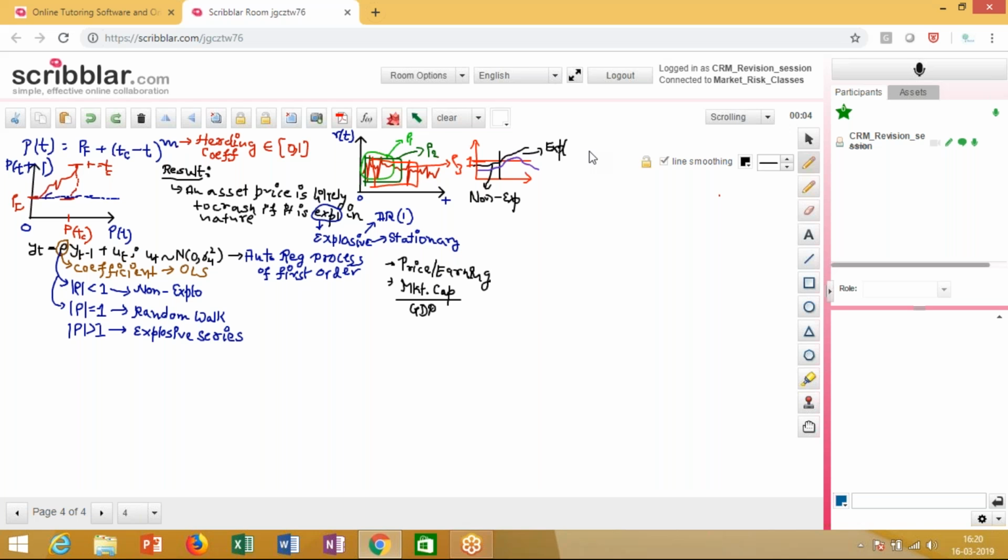That's what we had discussed in the last class, and we saw that if a first order time series has a coefficient more than one, how it is actually described and captured. From there we can identify this crash rate.